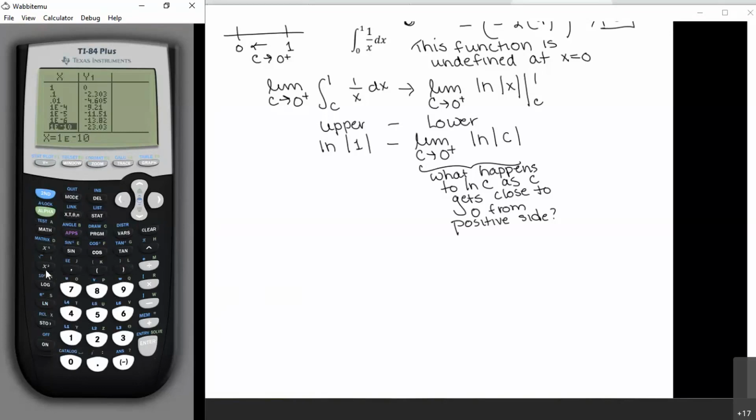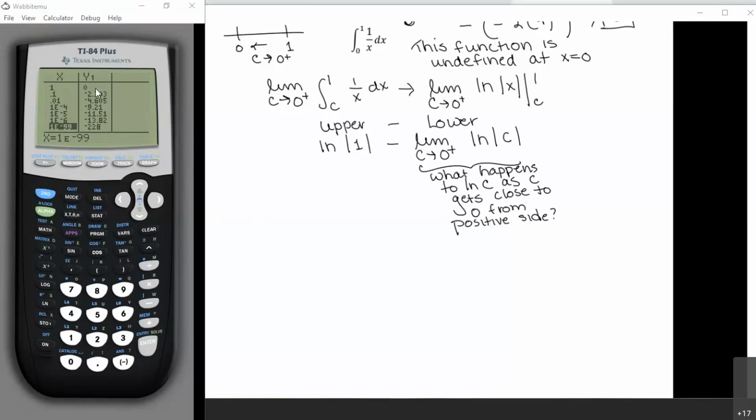How about if I make that an even larger, more negative exponent? What's happening to the y values? Can everybody see the calculator?